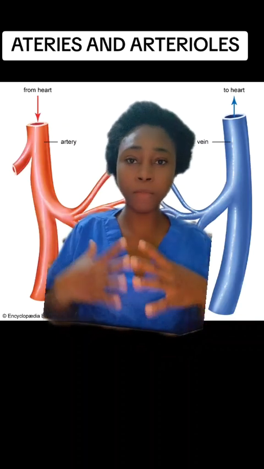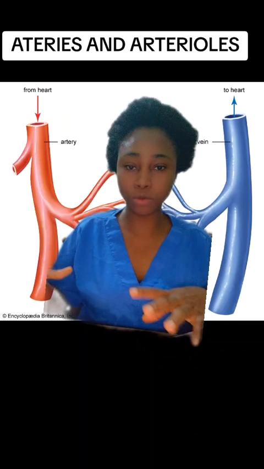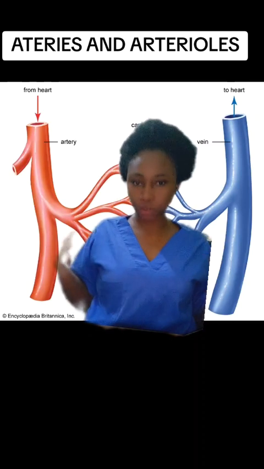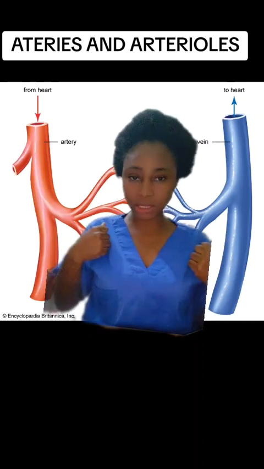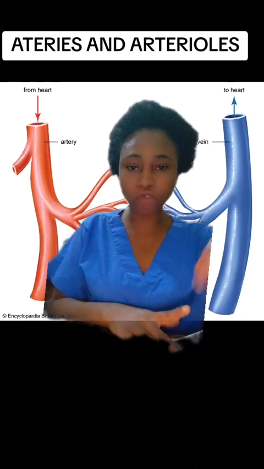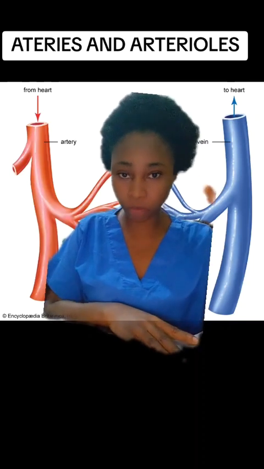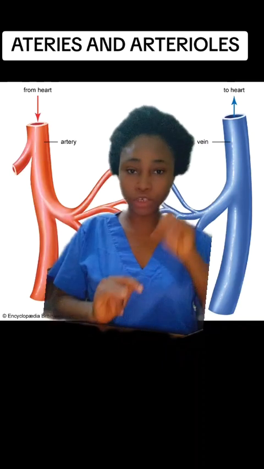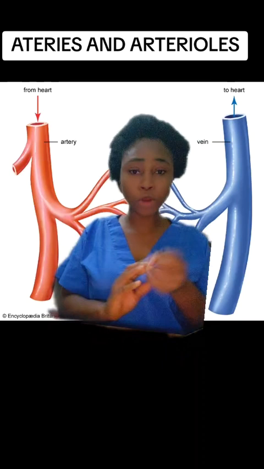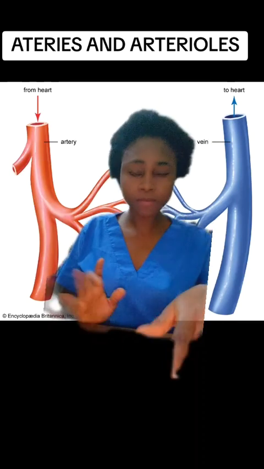Because they are mostly made up of elastic tissue, they can easily stretch to accommodate the pressure that is coming from the heart, and then recoil, pushing the blood further forward.